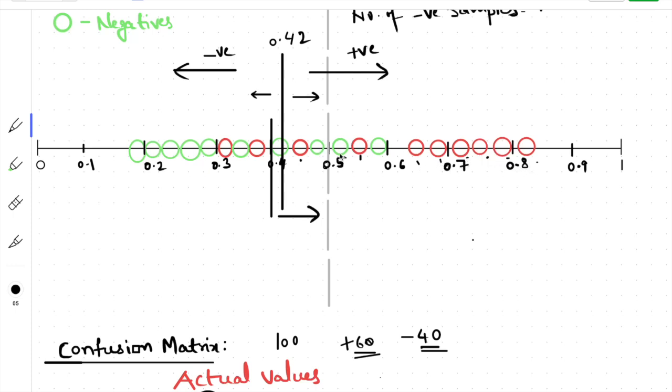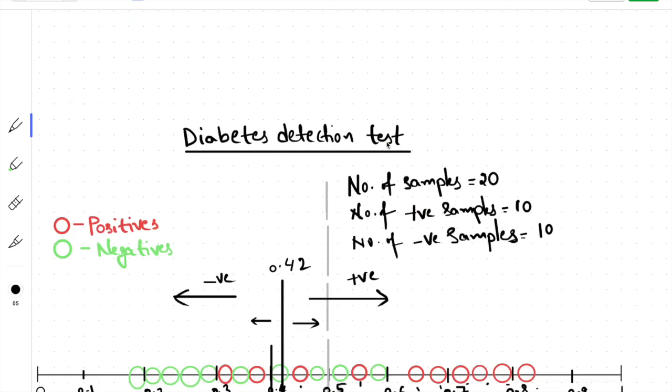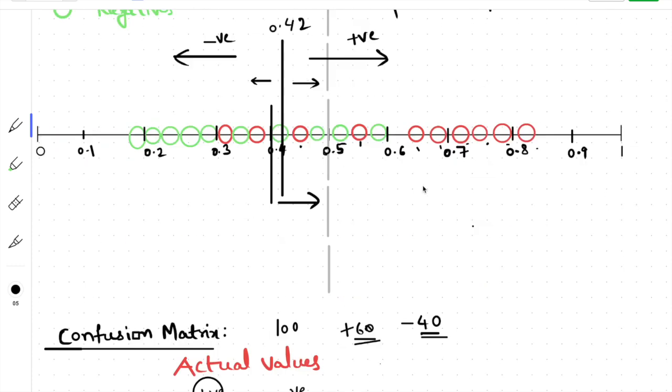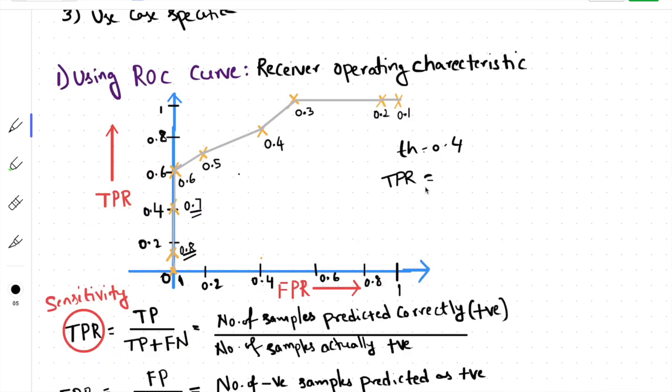So we have correctly predicted 8 samples to be positive out of all the positive samples. So in this example, for convenience, I have taken the number of positive samples to be 10 and the number of negative samples to be 10. So in this calculation, what would be the true positive rate? It would be 8 over 10, that would be 0.8.